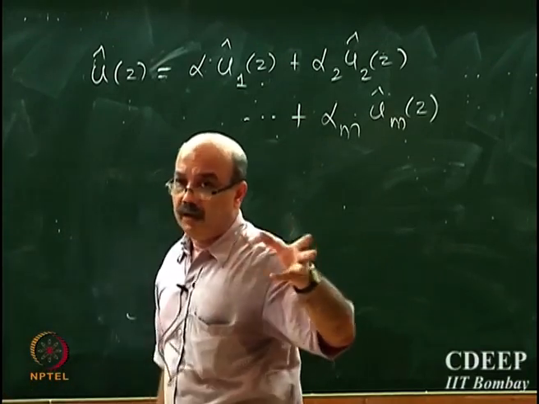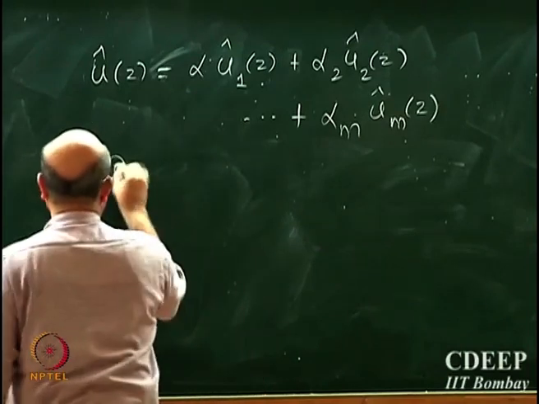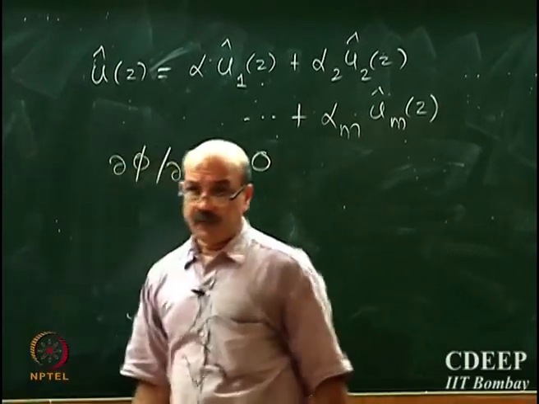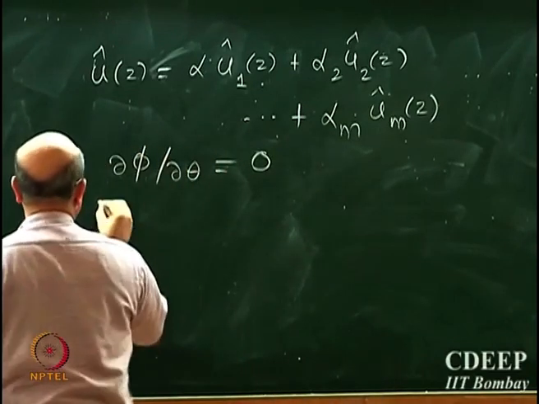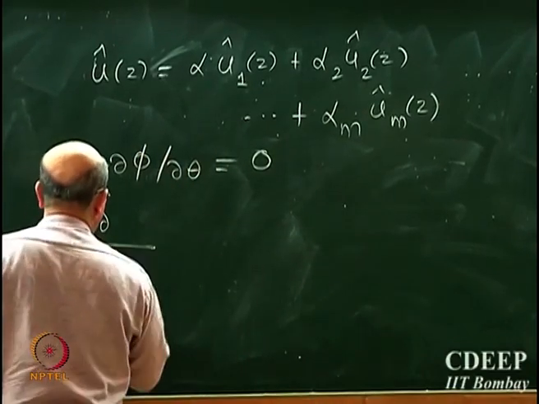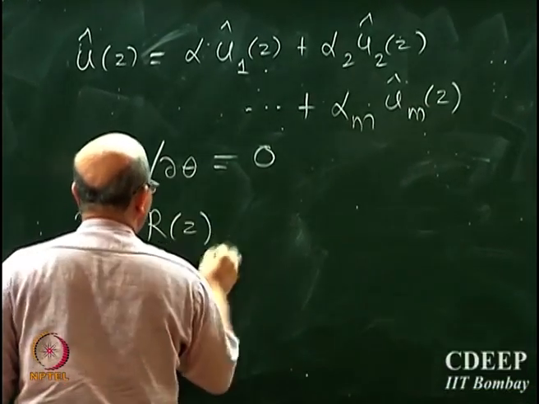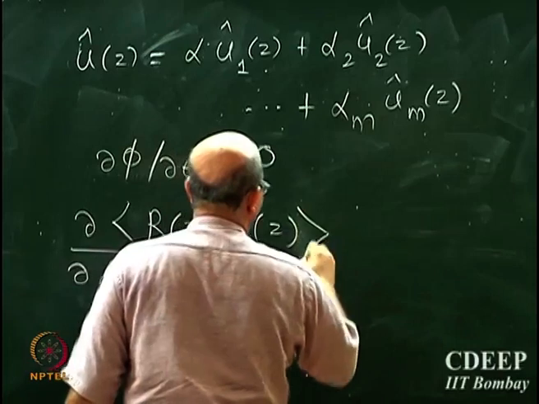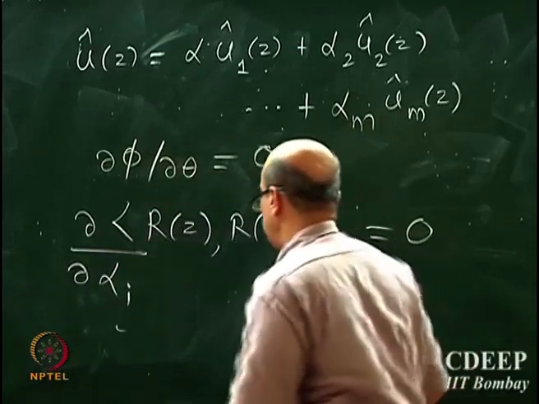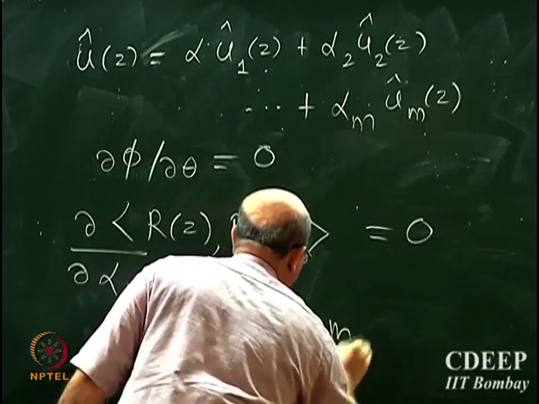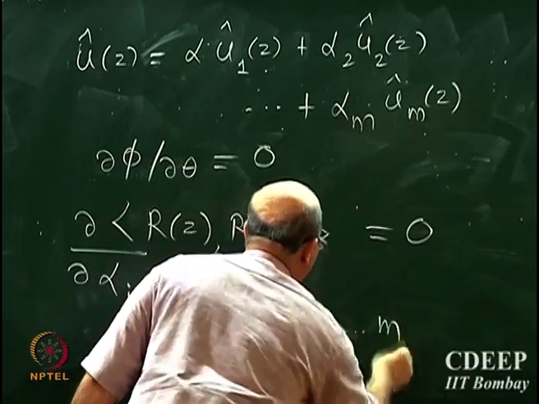If my phi of theta is this, then how do you get the optimum? Dou phi by dou theta is equal to 0. Which actually means dou by dou alpha i of R is equal to 0 for i going from 1 up to m.